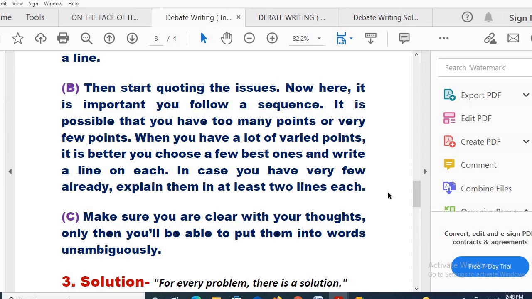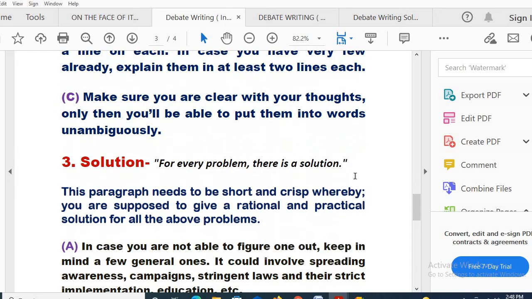They have to be logical. Illogical things in a debate have no place. I repeat one more time, dear students, illogical things in a debate practically have no place. So you have to be logical, you have to be rational, and definitely you have to write to the point. That is important. Okay, so I am moving on.